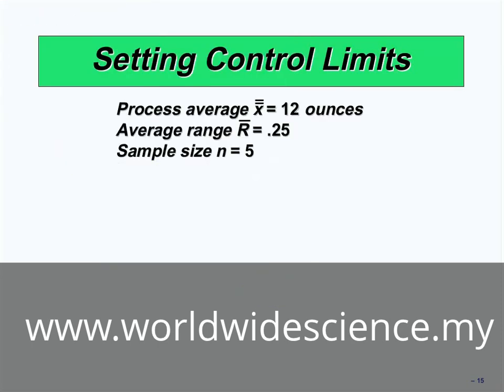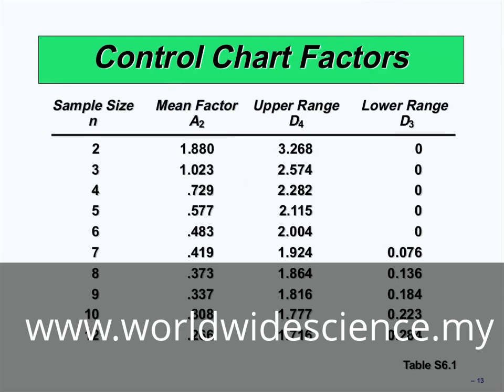Okay, from the table, when n is equal to 5, or sample size is equal to 5, how much is A2, the mean factor, from the table? Please tell me how much A2 is when the sample size is 5.